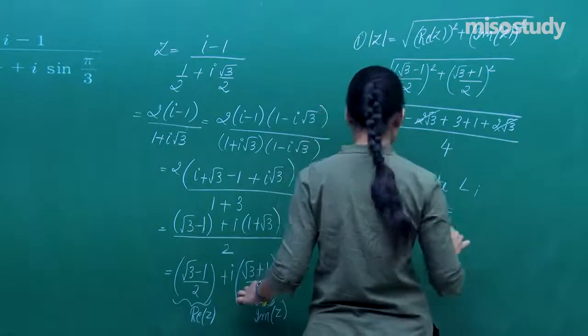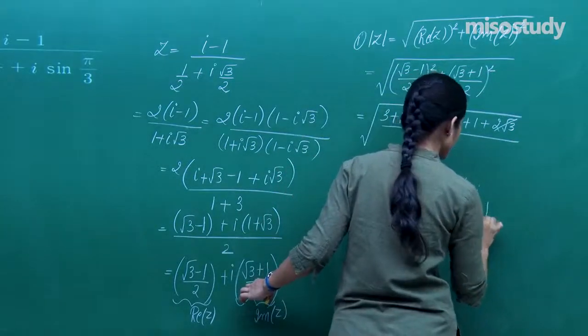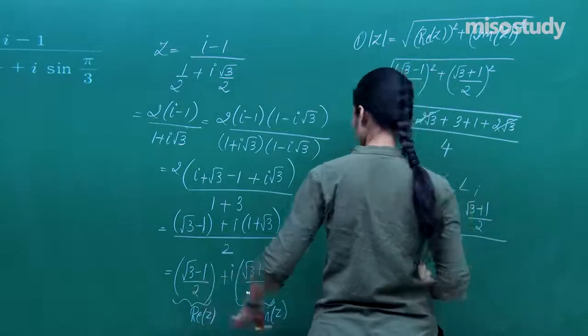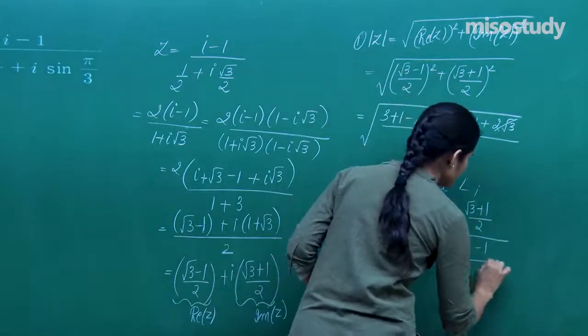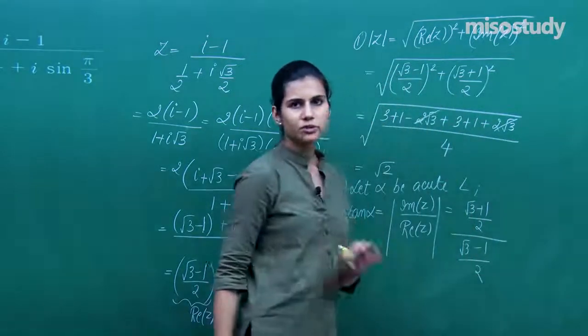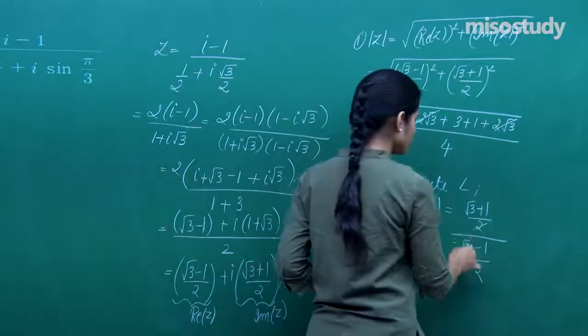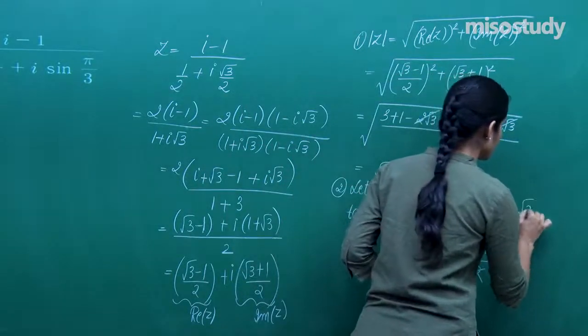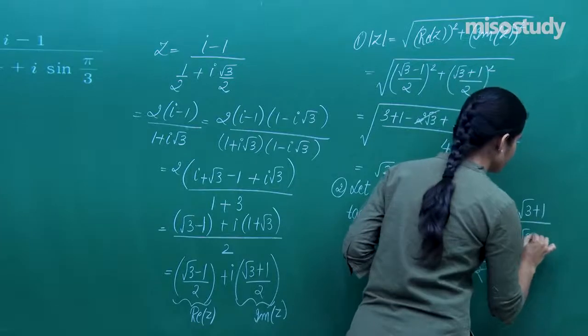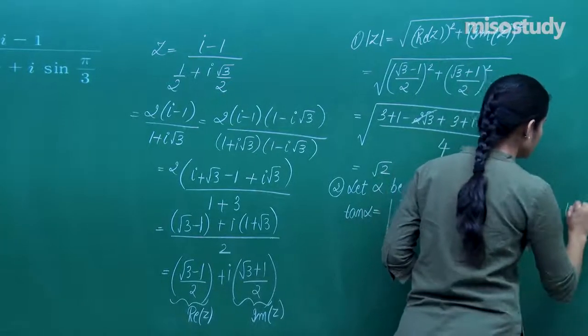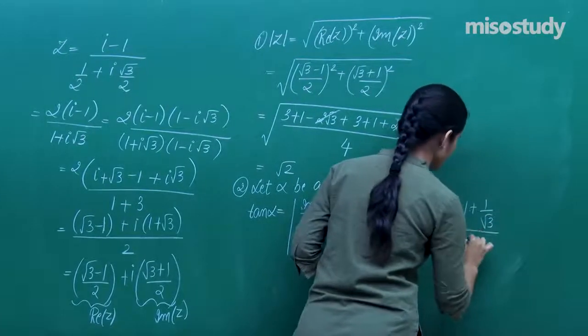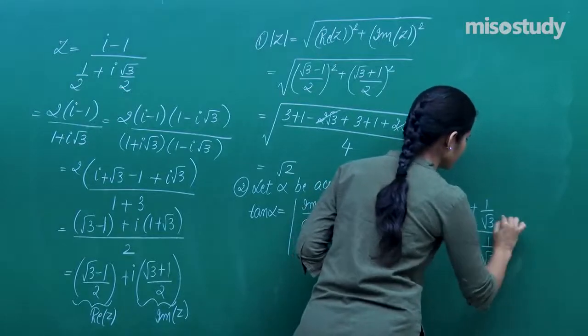Imaginary part of z is root 3 plus 1 by 2, whole upon real part of z, which is root 3 minus 1 by 2. They are already positive quantities, so I don't need to put the mod sign. 2 cancels out. This is root 3 plus 1 over root 3 minus 1. Take out root 3 common: 1 plus 1 by root 3 over 1 minus 1 by root 3.